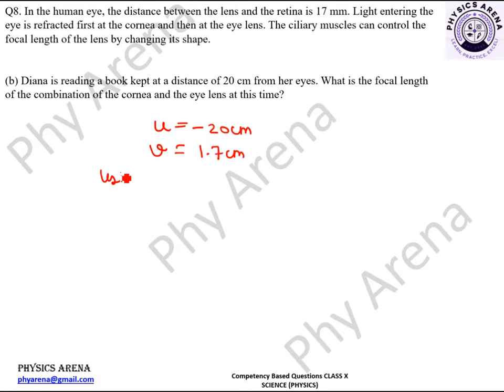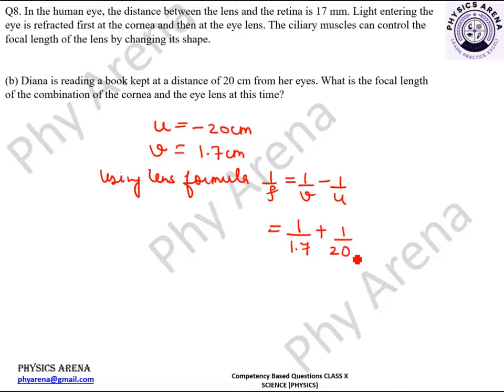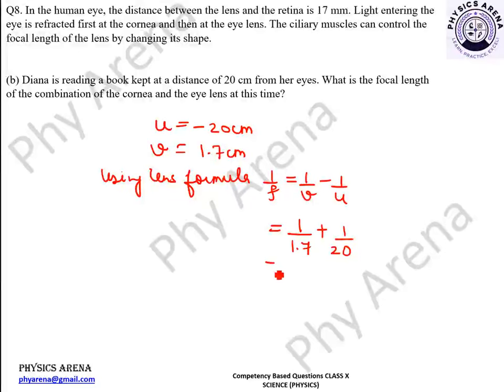Again, we can use the lens formula. Using the lens formula, we can write 1 upon f is equal to 1 upon v minus 1 upon u. That can be written as 1 divided by 1.7 plus 1 upon 20. 1 upon 1.7 is 0.588 plus 1 upon 20 is 0.05.